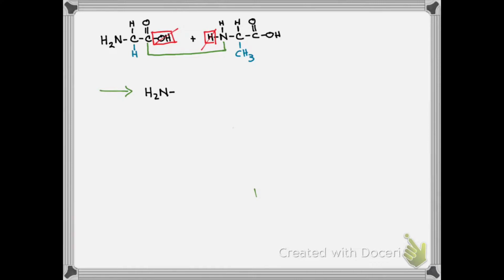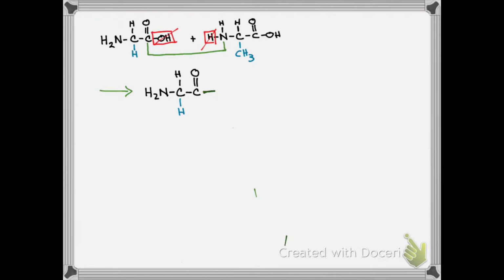If I draw that out, I end up with H2N, C, H, C double bond O, and that one on the left is my glycine. And now here is my new bond between the carbon on the glycine and the nitrogen on the alanine.